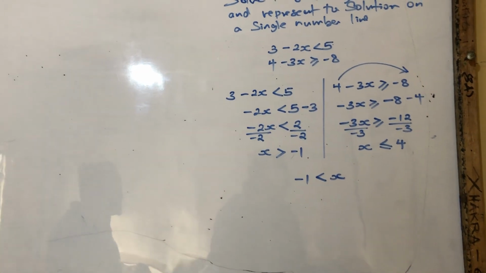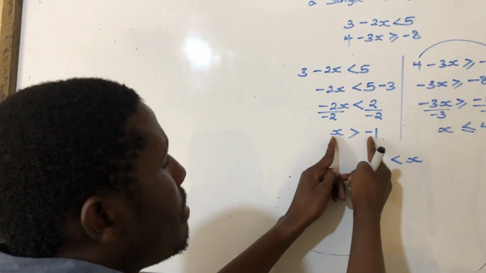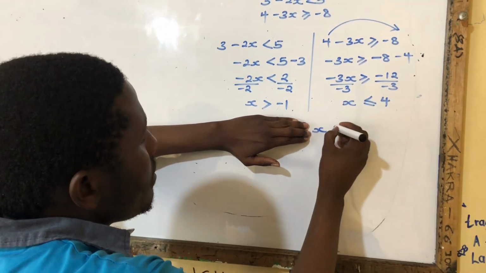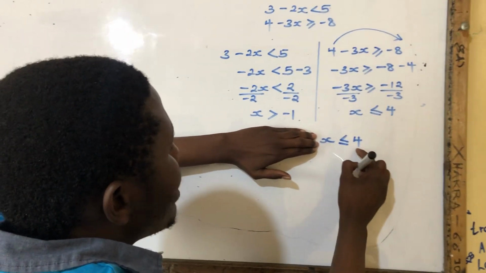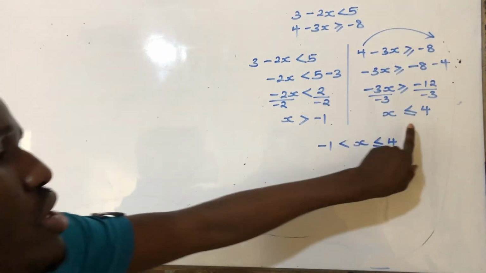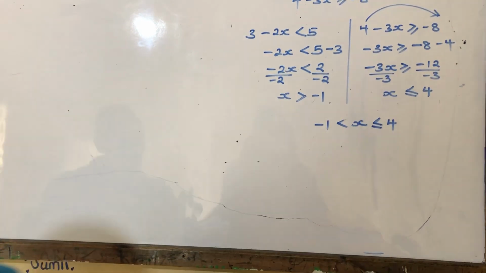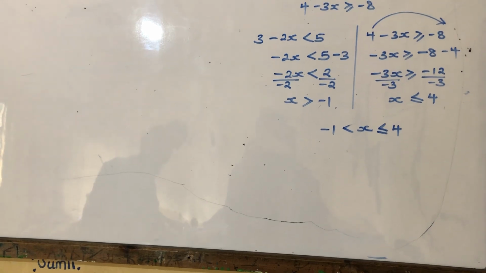The reason why this symbol is changing is because the two elements have been changed. As for this other one, the way it is, is the way we will write it. So there's no need of changing this inequality symbol. So this becomes the solution to that simultaneous inequality.